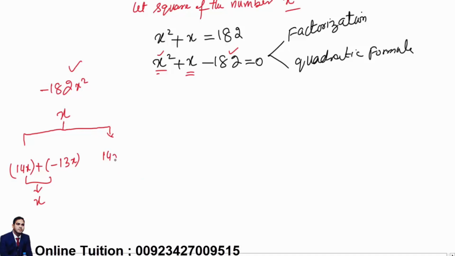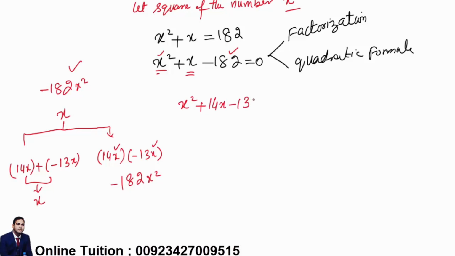Now multiplying these numbers, 14x and negative 13x: 13 fours are 52, 13 ones are 13, so it is negative 182, and it is x square. When multiplying the same base, the powers will be added. So confirm that x square plus 14x, negative 13x, and negative 182 is equal to 0.